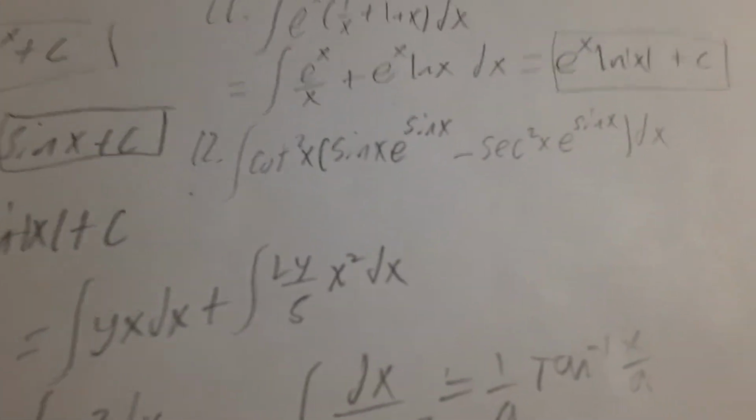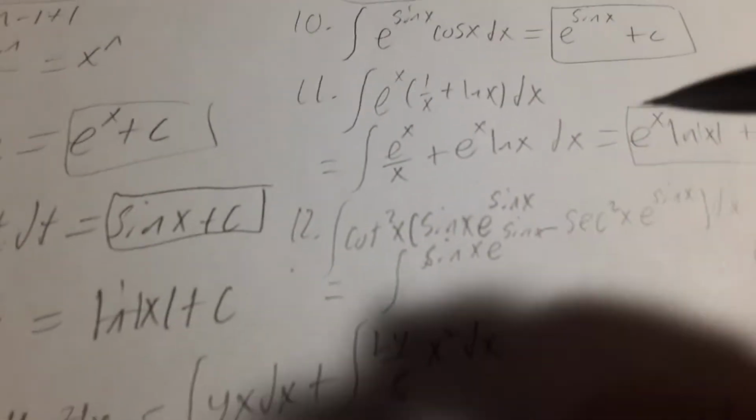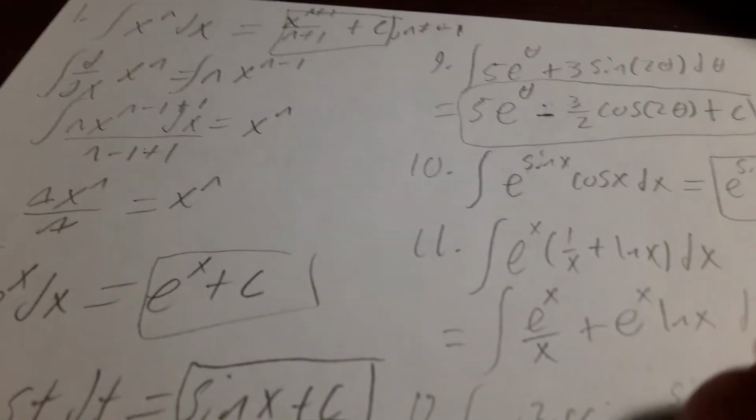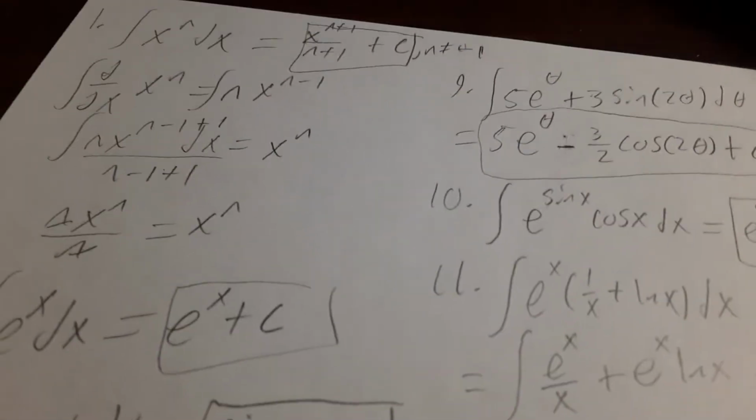So I might run out of space here, but we're going to rewrite this as something. We're going to rewrite this as sine x e to the sine x. I'm going to leave a space. This will be sine x times e to the x. We have a space here.